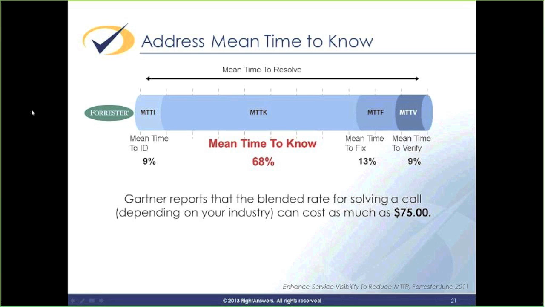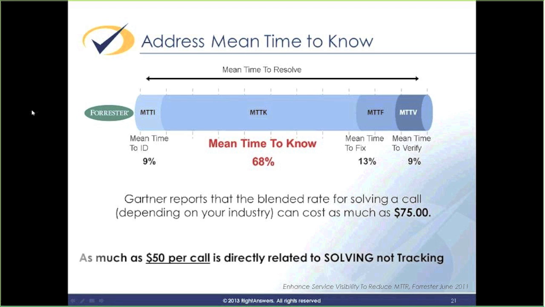When you put knowledge first, and when you're using KCS and you have a good, clean knowledge base, think about taking 10 to 15% of the time off of that. With a great knowledge base, you could probably cut that in half. But think about just shaving a little bit off of that, and what does that mean in dollars? So in another report, Gartner says that solving an internal IT call can cost you about $75. And when you're looking at what 68% of that is, that's $50 a call.